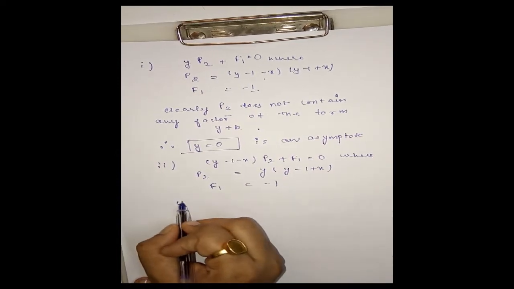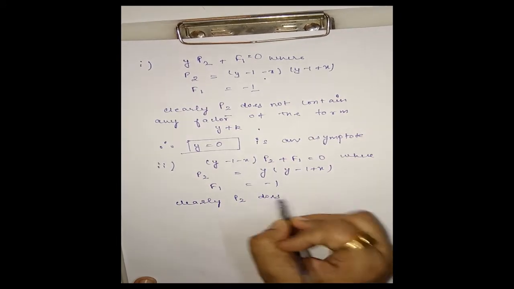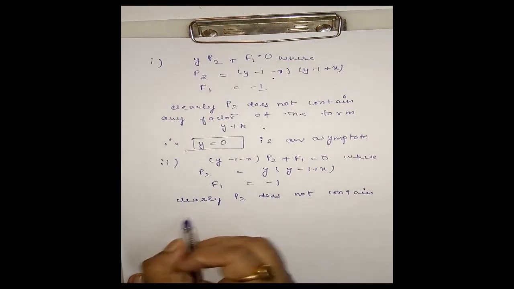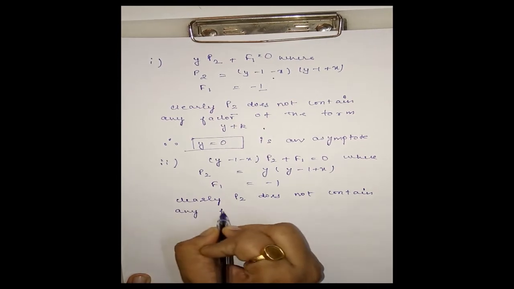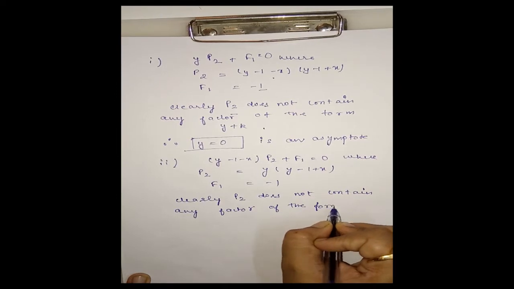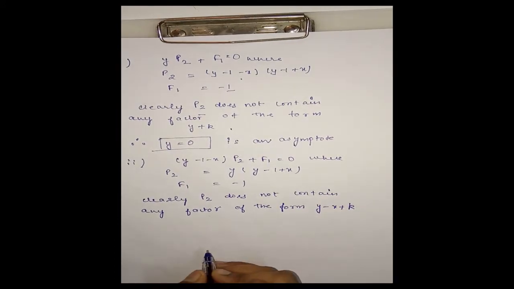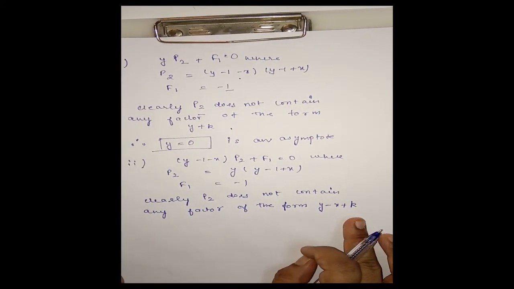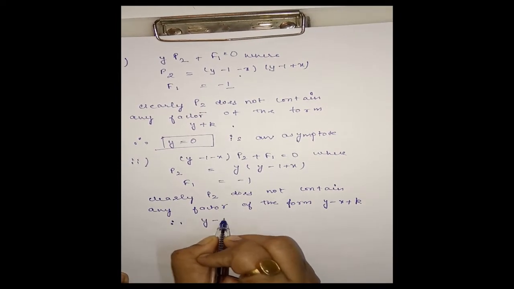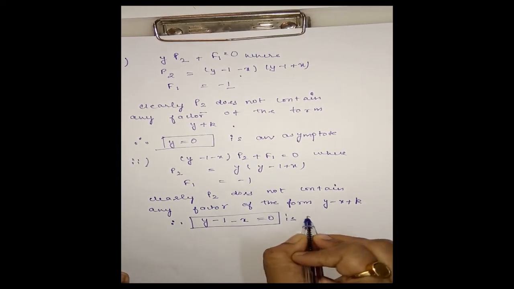Also here, clearly P_2 does not contain any factor of the form y - x + k. Therefore by the second method, again y - 1 - x = 0 is an asymptote.